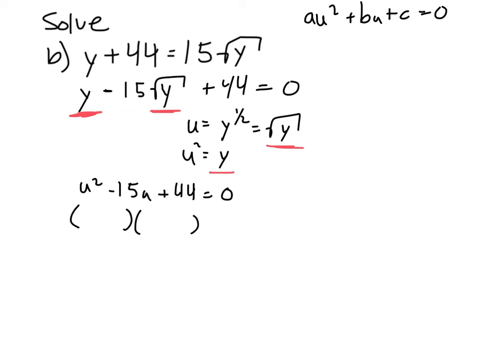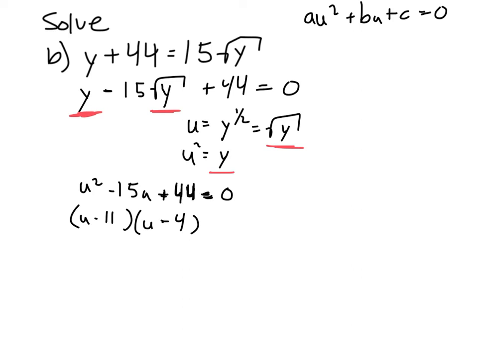If I were to think of two numbers that you multiply together to get 44, and if you add them together, you get negative 15, we say, oh, negative 11 and negative 4, right? If you add those two numbers together, you get negative 15. If you multiply them together, you get positive 44.